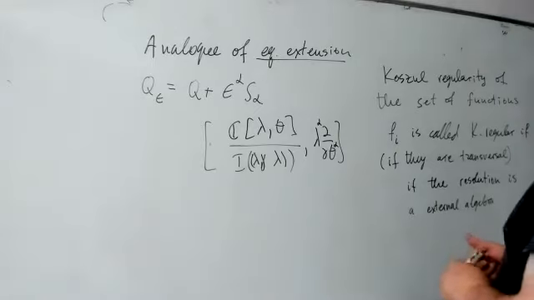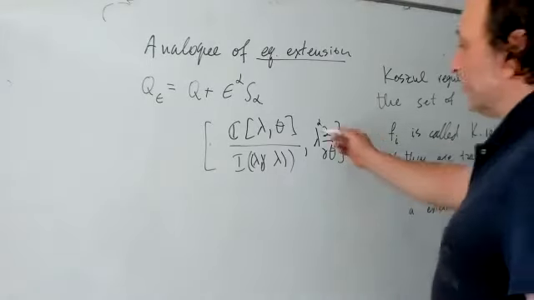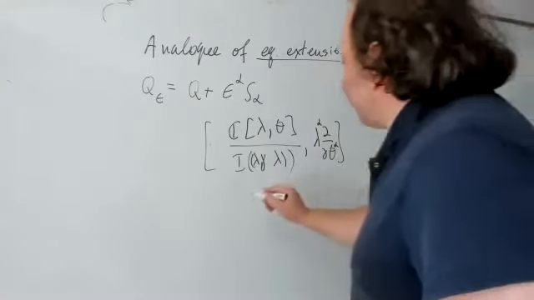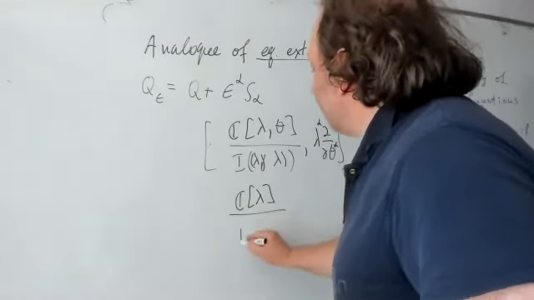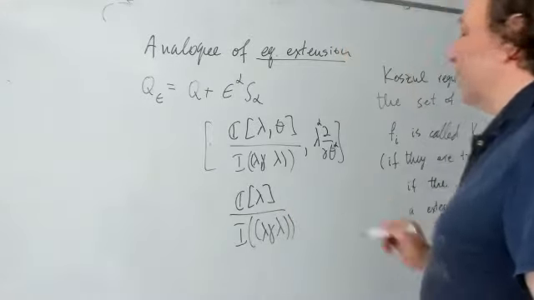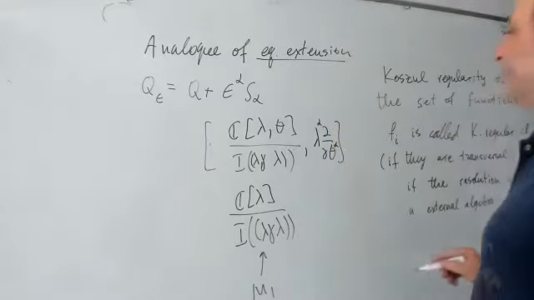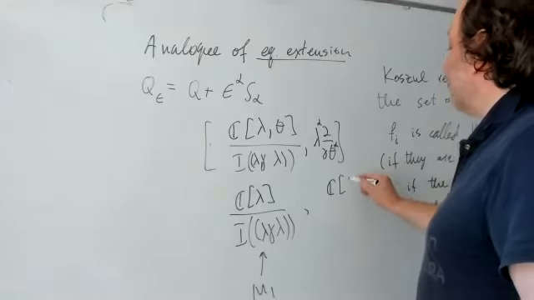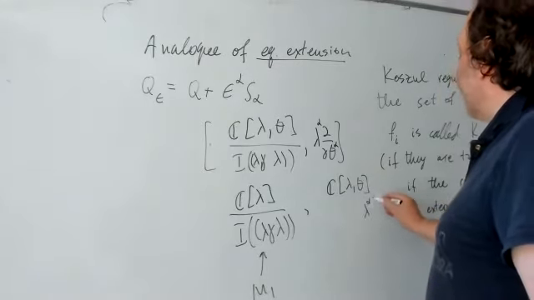So what is it? It is actually C of lambda over I. Here we have the ideal generated by this, and this is of course the module M1. And we also have C of lambda theta with a differential lambda alpha d over d theta.